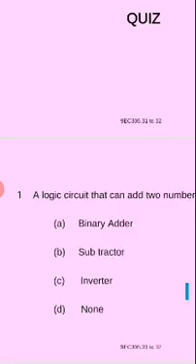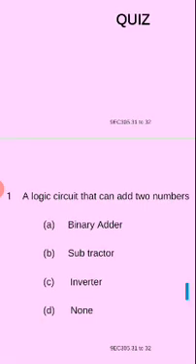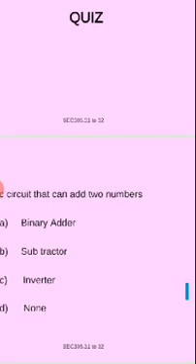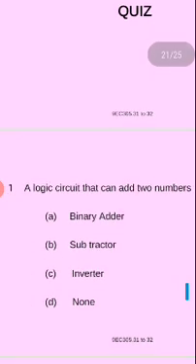Quiz. A logic circuit that can add two numbers. Option A, binary adder. Option B, subtractor.